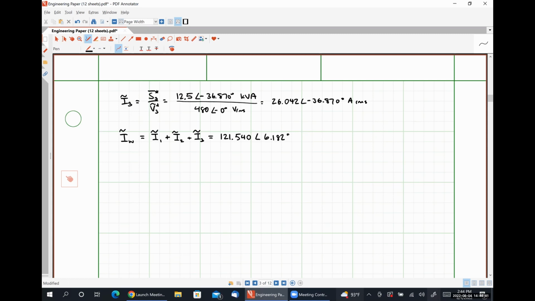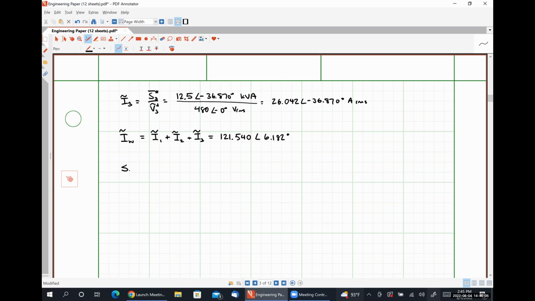So now what I'm going to do is use one of the alternative relationships that we developed at the end of Tuesday's class meeting that will allow me to calculate the complex power absorbed by the wire, only knowing the current through the wire and the impedance of the wire.